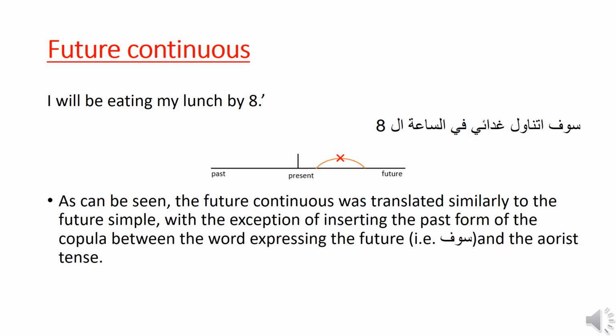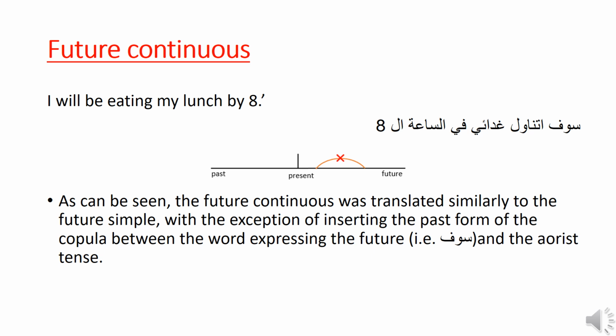Future continuous can be represented as seen here in this timeline chart. I will be eating my lunch by 8. As can be seen, the future continuous was translated similarly to the future simple, with the exception of inserting the past form of the copula between the word expressing the future and the aorist tense.